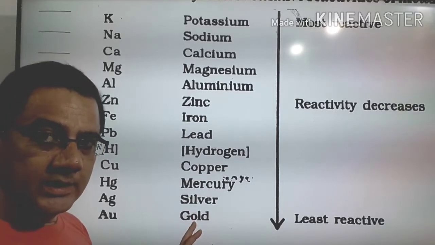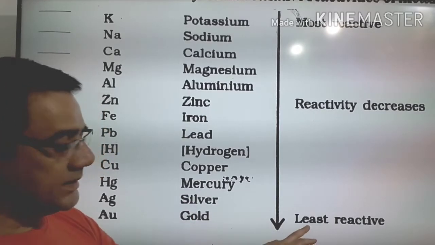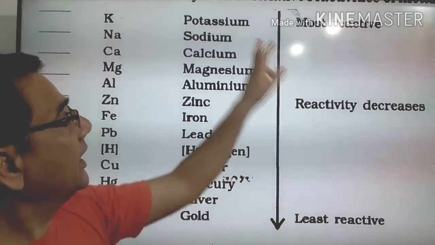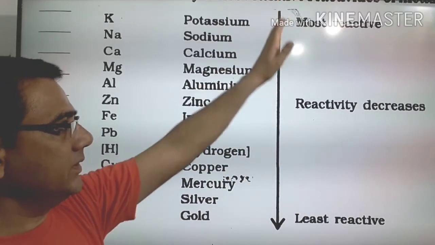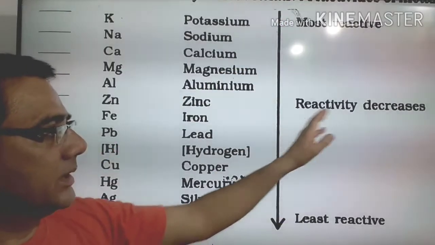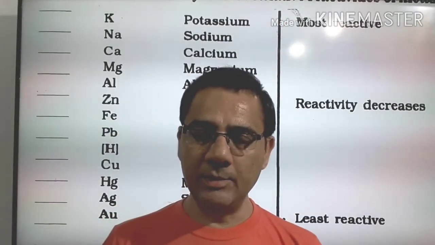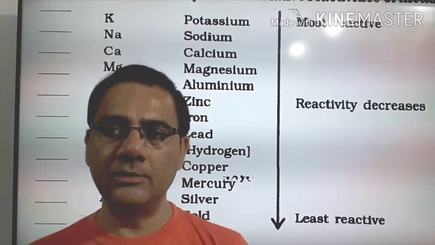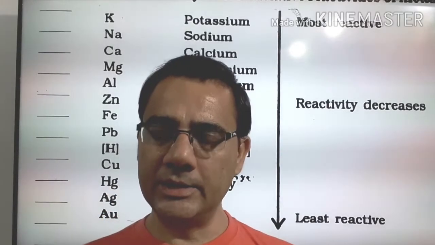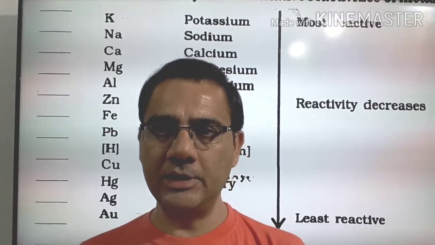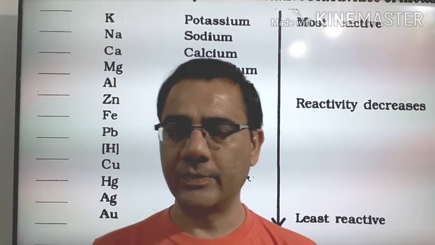Gold is at the bottom of the reactivity series, and that is the least reactive element. Potassium and sodium are the most reactive elements. As we go from top to bottom, the reactivity decreases. It means when metals are arranged on the basis of the decreasing order of their reactivities, that is called the reactivity series or activity series.